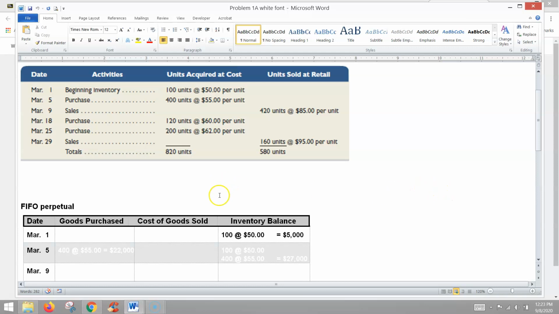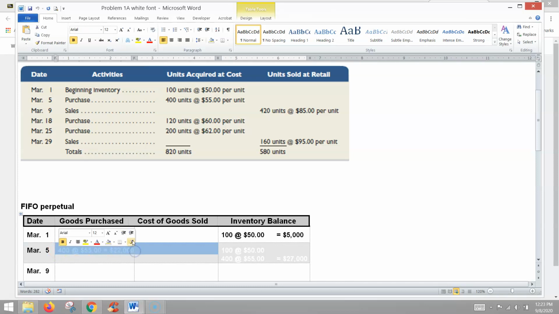So on March 1st, we have beginning inventory, 100 units at $50 each. You see right here, we have 100 units, $50 each. You multiply those two, and we have $5,000 of inventory. On the 5th, we purchased 400 units at $55 each. We're going to have a column to keep up with our goods purchased.